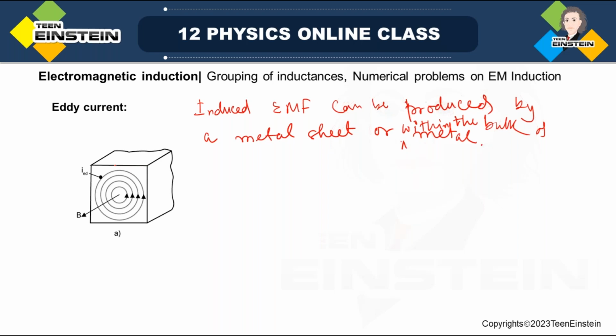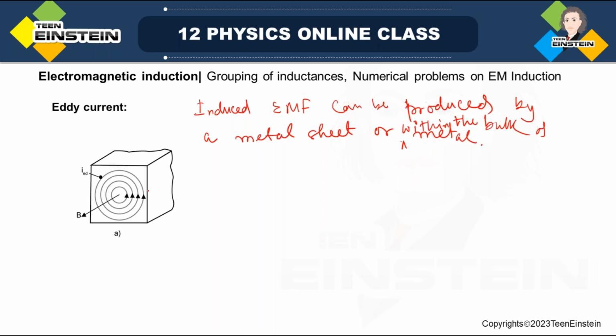When you have a conducting material inside a varying magnetic field, within each layer of this bulk of the conducting material there will be a change in the flux, and that change in the flux will produce induced EMF.